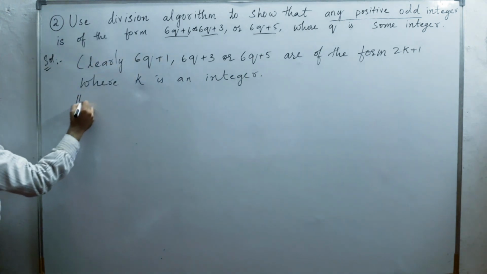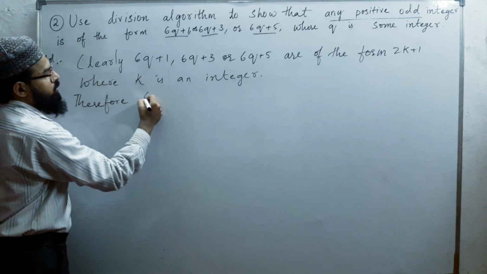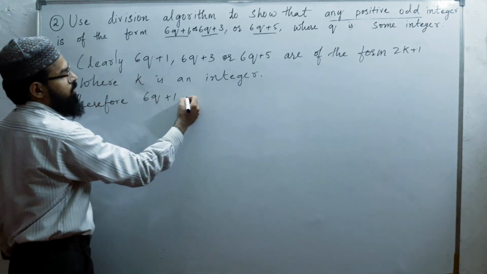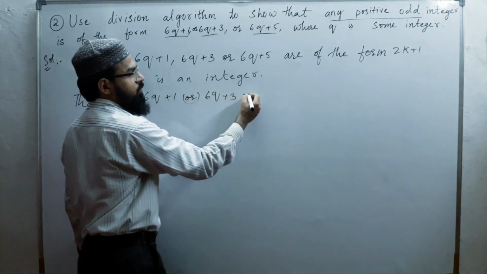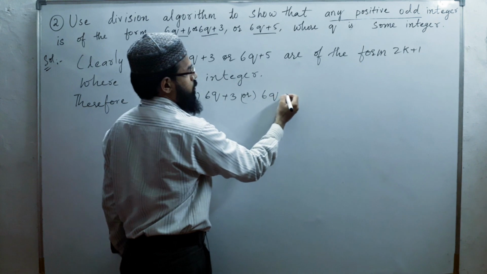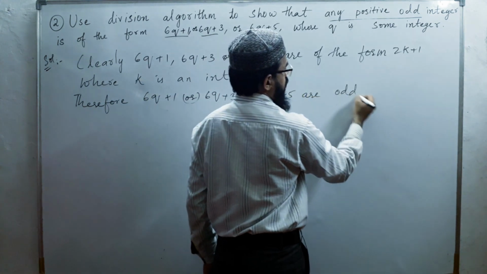Therefore 6q plus 1 or 6q plus 3 or 6q plus 5 are odd numbers.